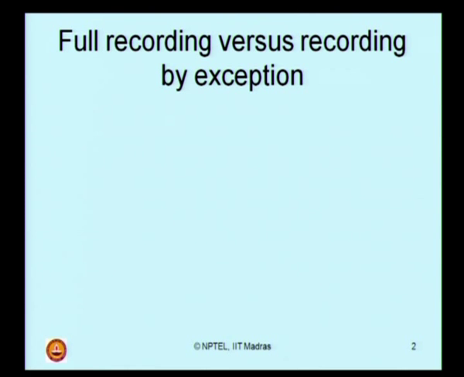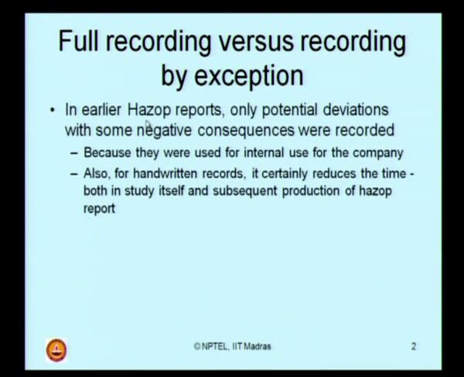Now, extending that, in a Hazop report we have something called full recording versus recording by exception. In earlier Hazop reports only potential deviations with some negative consequences were recorded. There were reasons for doing so, because they were being used only for internal purposes of the company, and also most of these reports were handwritten records.